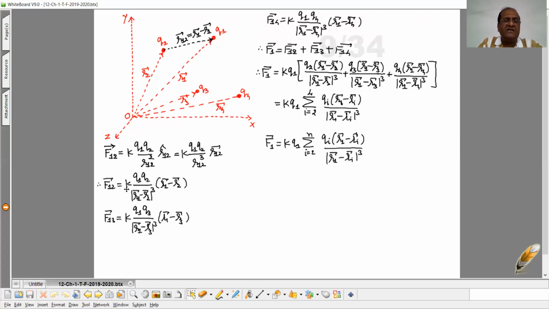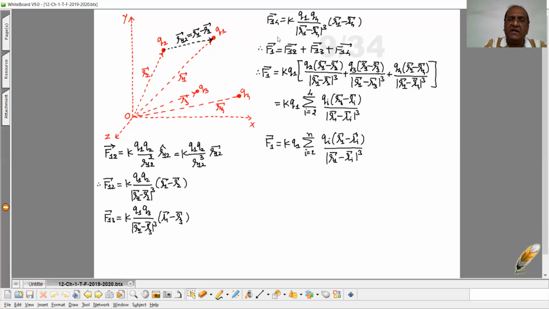So F12 is equal to K Q1 Q2 upon magnitude R1 minus R2 cube, into vector R12, that is as shown in this figure, R1 minus R2. Similarly, force on 1 by 3 is K Q1 Q3 upon magnitude R1 minus R3 cube into vector R1 minus vector R3. Then force on 1 by 4 is K Q1 Q4 upon magnitude R1 minus R4 cube into vector R1 minus R4.